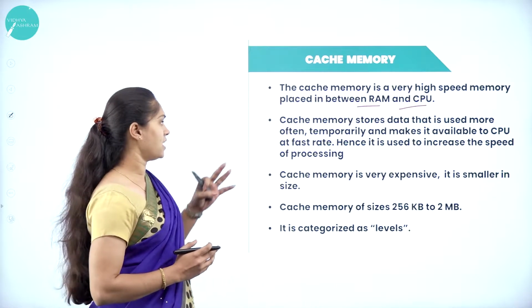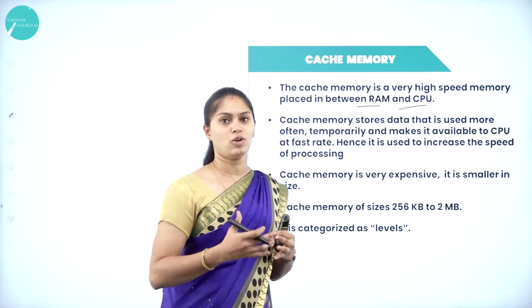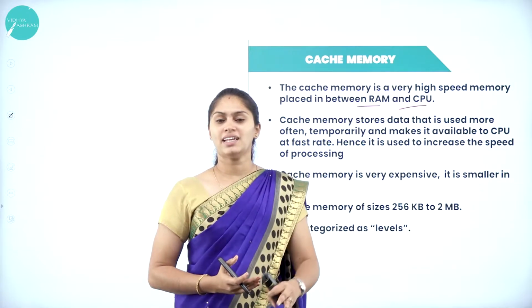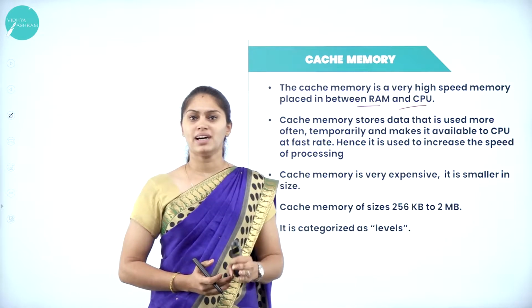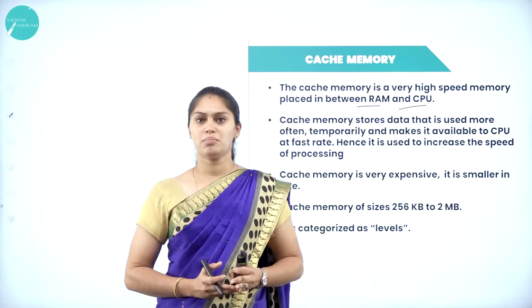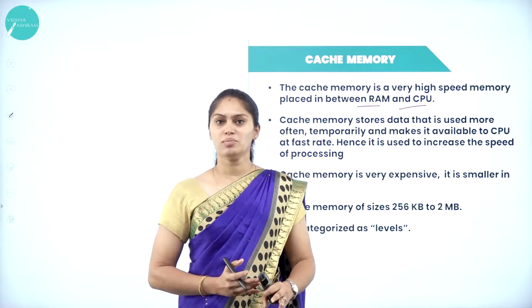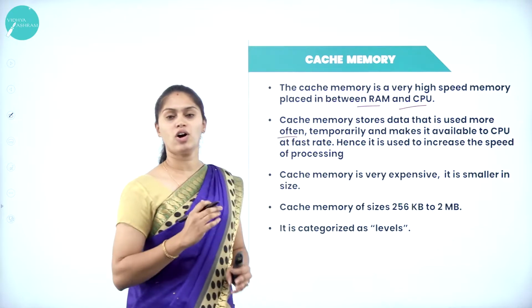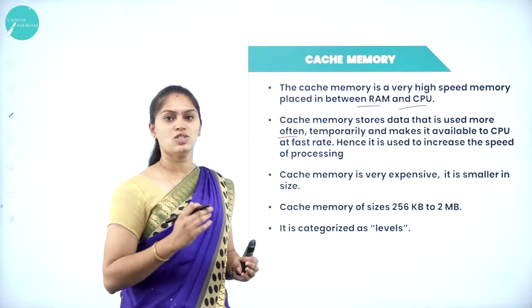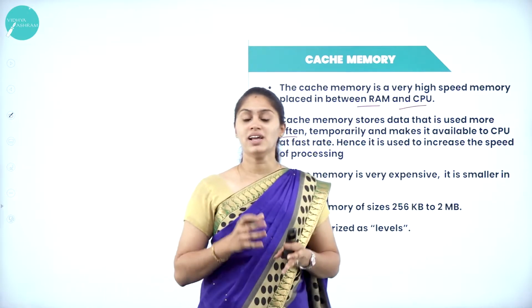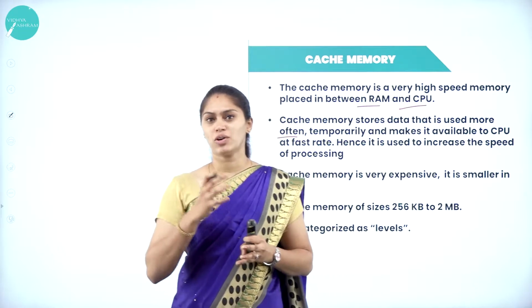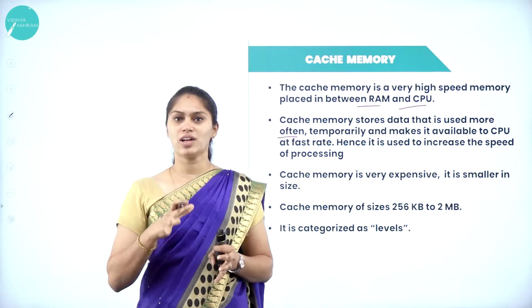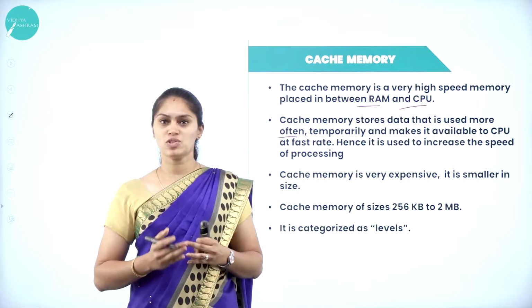So what are the data it is going to hold? The data which is currently used by the computer system or CPU. This cache memory will hold the data which is more often required or more often used. When you press the home button, at that time in the background you hold the data which was used by you.